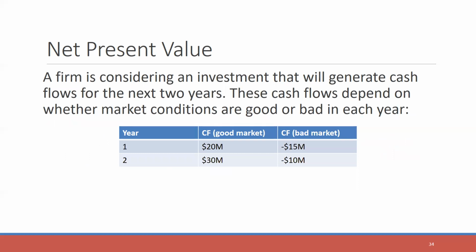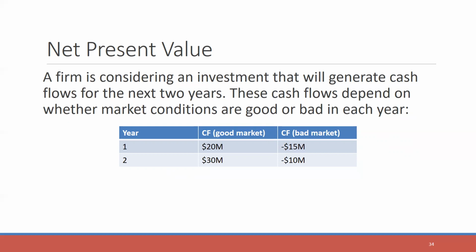A firm is considering an investment that will generate cash flows for the next 2 years. These cash flows depend on whether market conditions are good or bad in each year. So you can see in year 1, if it's a good market, you get a cash flow of 20 million. If it's a bad market, you get a cash flow of 15 million. In year 2, if it's a good market, you get a cash flow of 30 million.